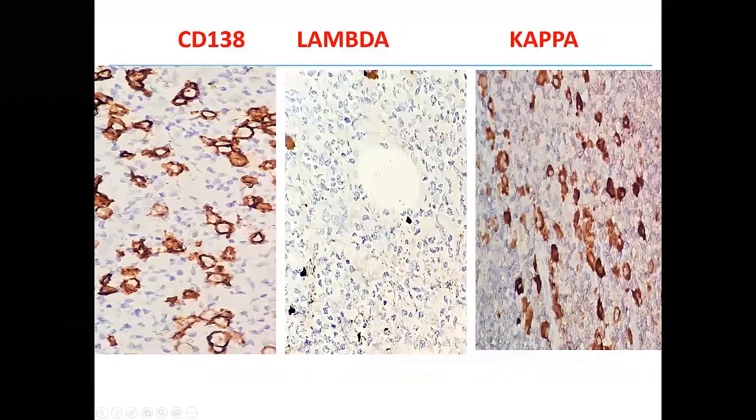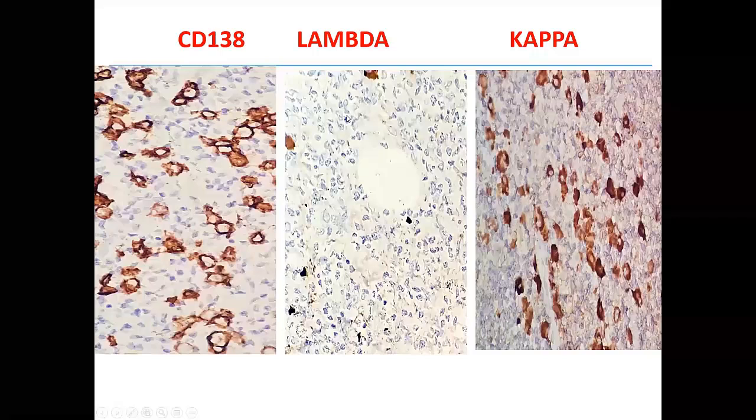Now you can see the plasma cells are markedly increased in the bone marrow. This is CD138, but these plasma cells are lambda negative and kappa positive, confirming the clonal nature of these P-lymphs or plasmacytoid lymphocytes. And of course, secretion of IgM by these plasma cells is very, very important.